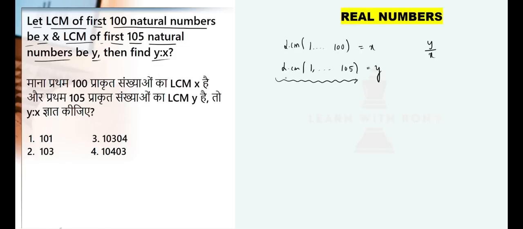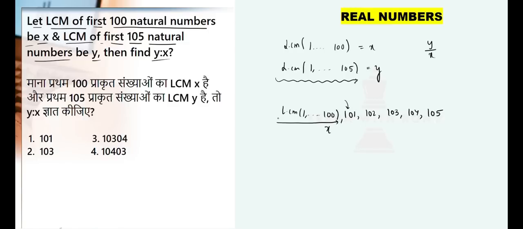Now, let us find the actual value of the LCM of 1 to 105. So the LCM of 1 to 105 can be written as the LCM of 1 to 100 and 101, 102, 103, 104 and 105, right? The LCM of 1 to 100 they gave us as x. Up to this point the LCM is x. Now, let us include 101 also. 101 is a prime number.